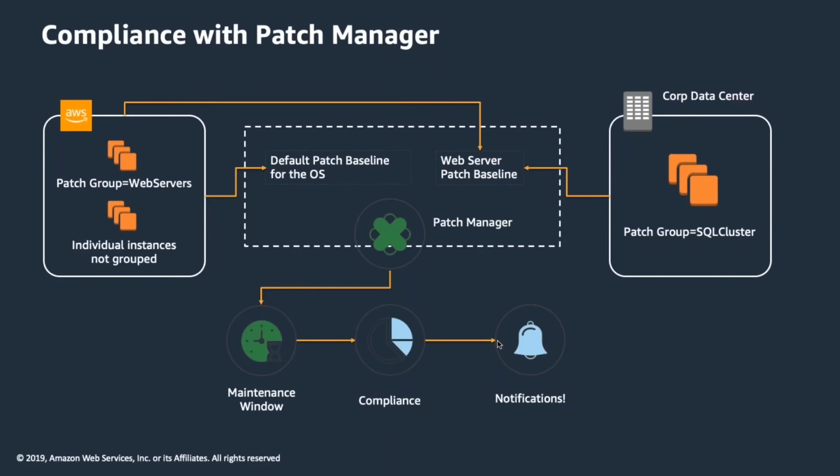Let's say, for example, how do I identify compliance with my Patch Manager? In this scenario, on the left-hand side are the AWS services, and on the right-hand side is your corporate data center, with a bunch of servers. Now I set up my baseline, and I look at the baseline using my compliance tool.